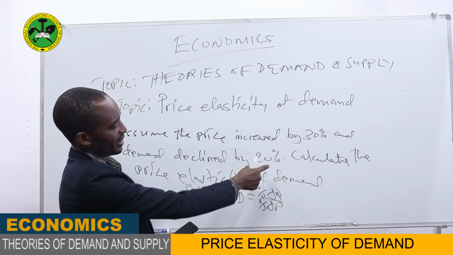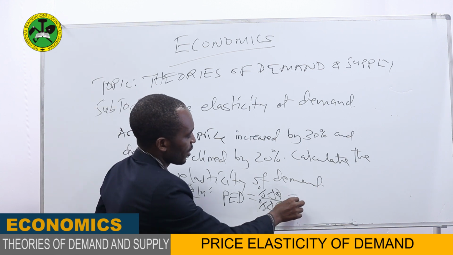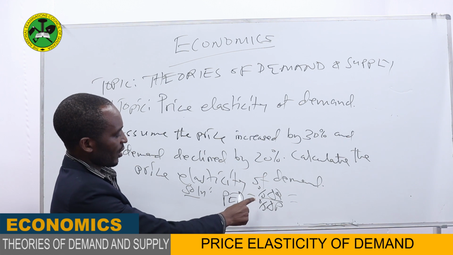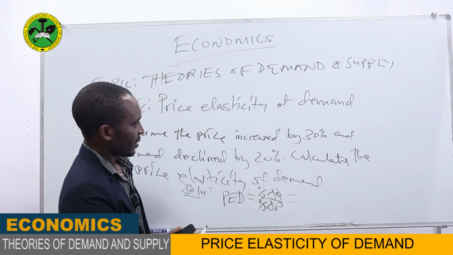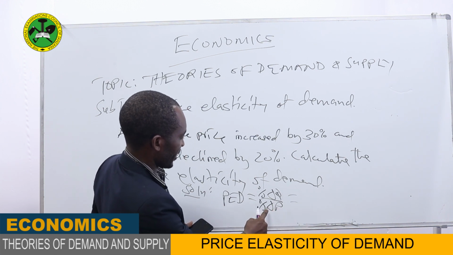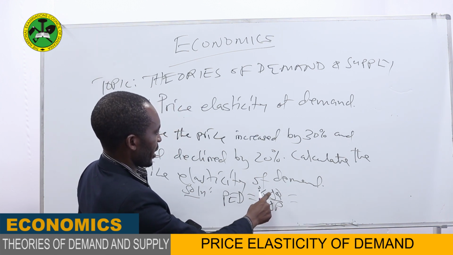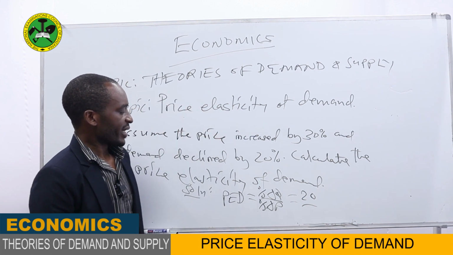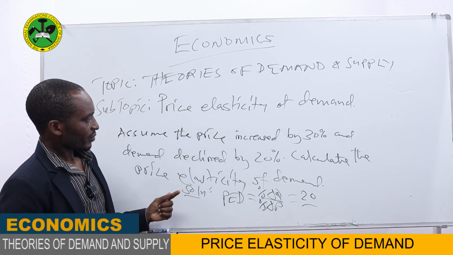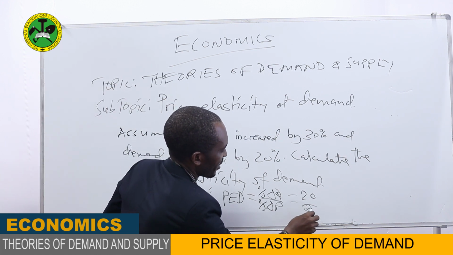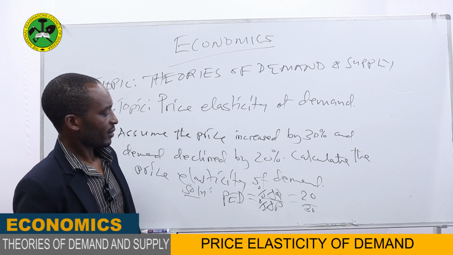So you plug this information in the formula. The percentage change in quantity is 20, and the percentage change in price is 30.